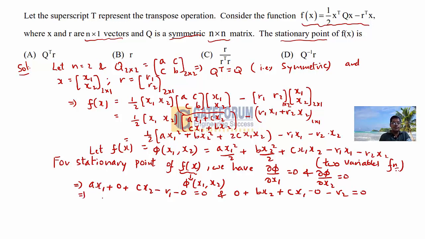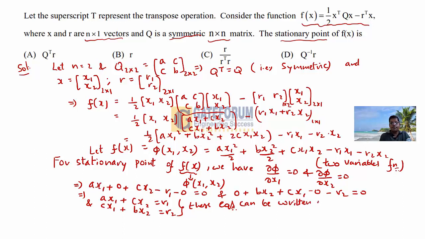So this can be expressed as ax1 plus cx2 is equal to r1 and the other equation cx1 plus bx2 is equal to r2. These two non-homogeneous equations can be written in matrix form as A, C, C, B multiplied with column vector x1, x2 equal to the column vector r1, r2.